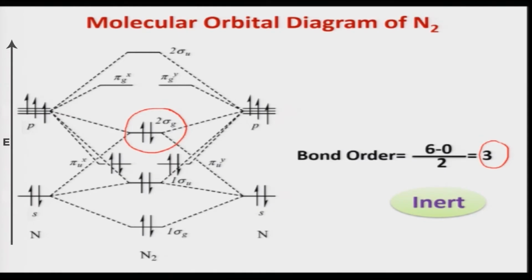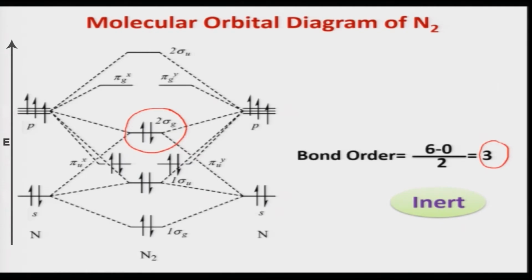However, if one would like to oxidize or reduce it in any chemical reaction, what would happen? If we would like to oxidize, then we have to remove 1 electron from a bonding orbital, which is sigma. So, it is a very difficult task. But if dinitrogen is to be reduced, what would happen?